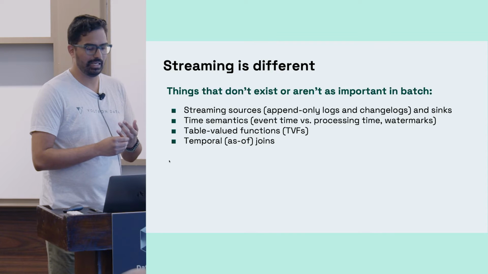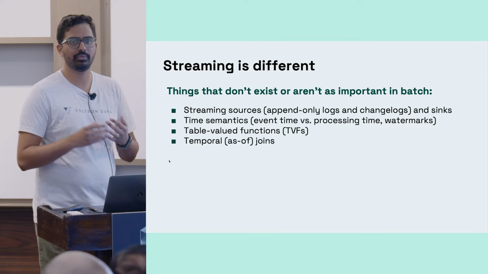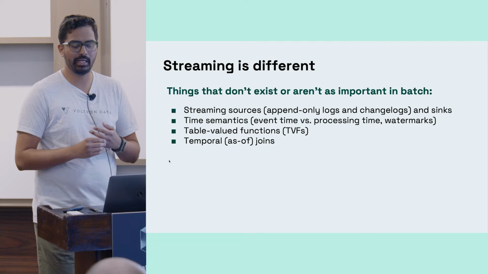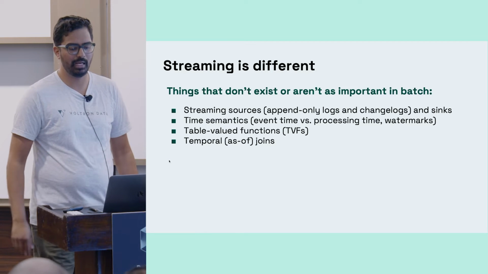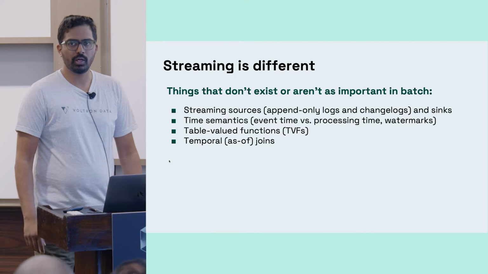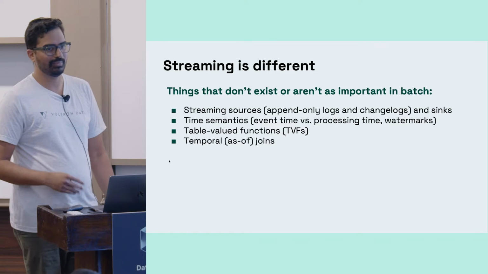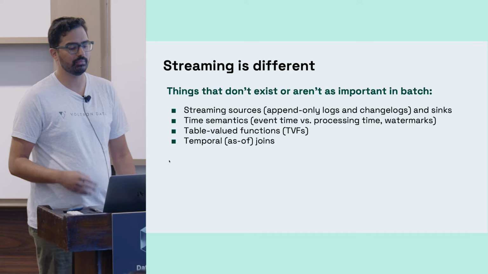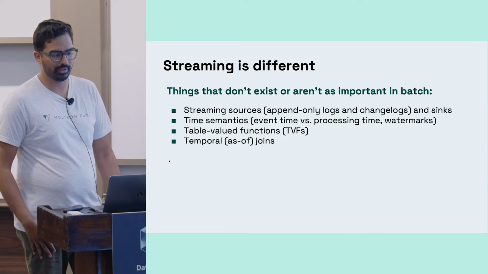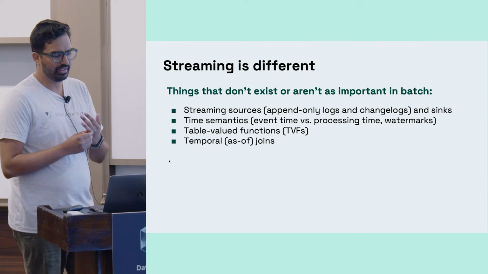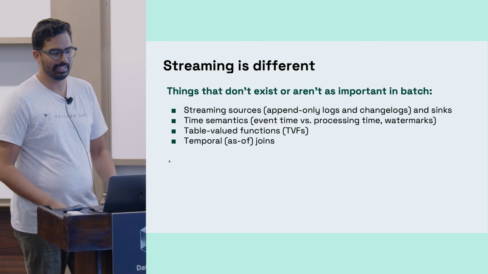Streaming is different. It's a bit of a different beast from batch, and thus far, Ibis only supported batch backends. You've got a lot of different sources and sinks in the streaming data world. Things like Kafka and a number of Kafka alternatives are going to be very core to that. There's also a lot of concepts that don't exist in a batch world.